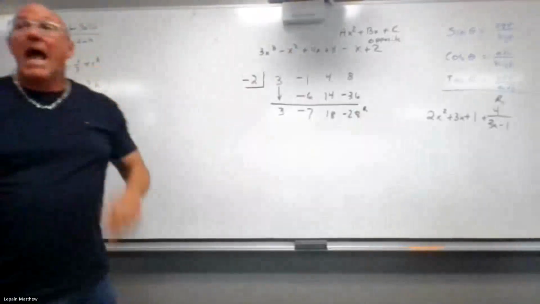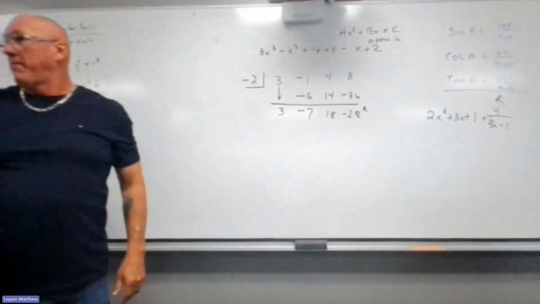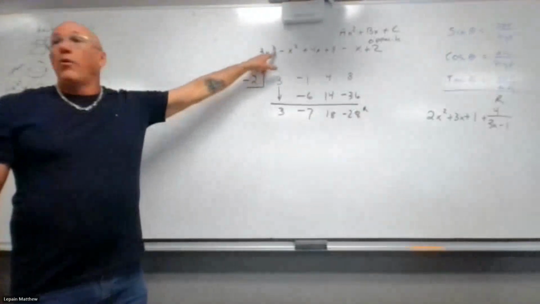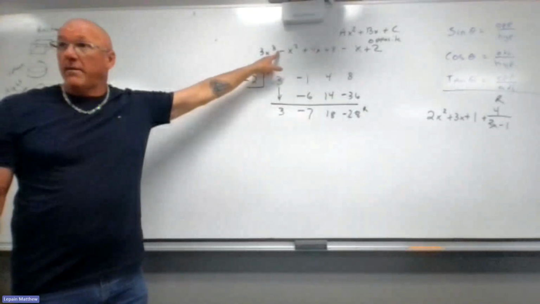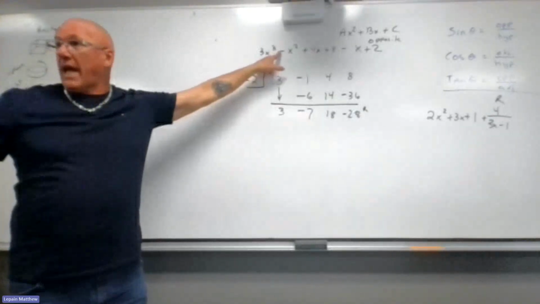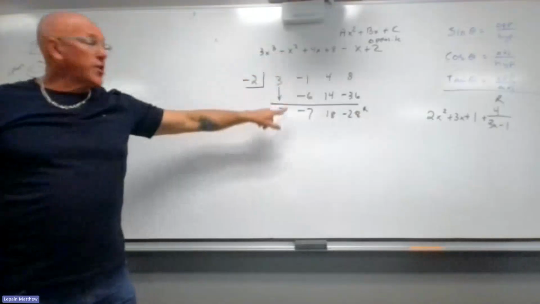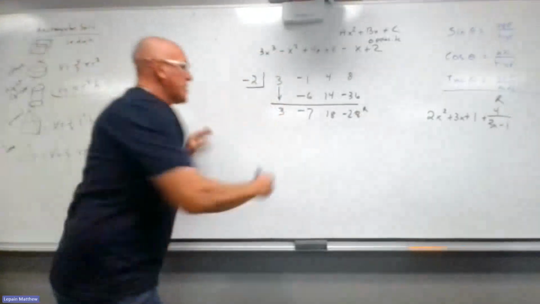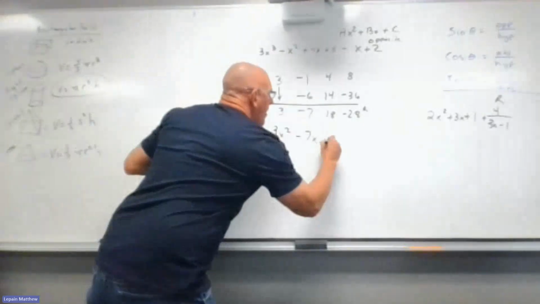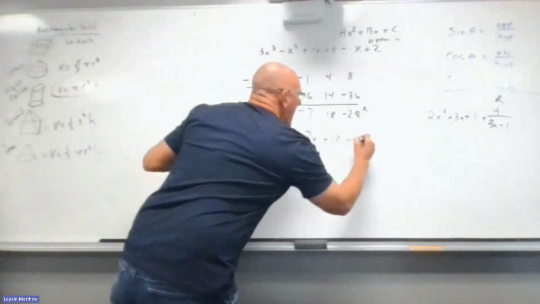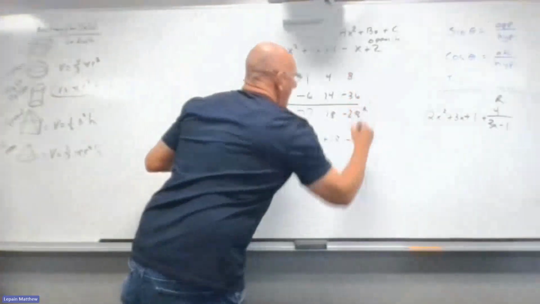Now, how we write our answer is this. What's the exponent we started with? A cube, right? Go 1 down. So you're going to start with a square. So this will be 3x squared minus 7x plus 18 minus 28 over x plus 2.